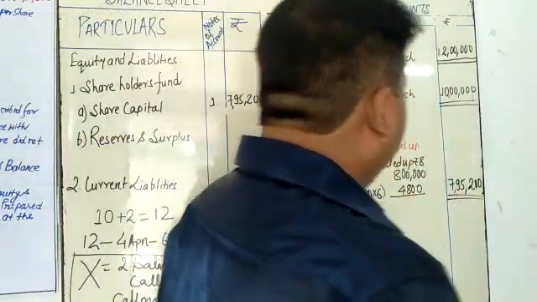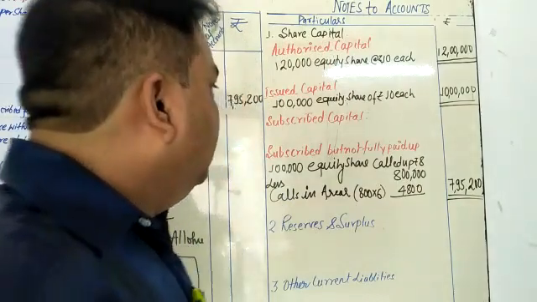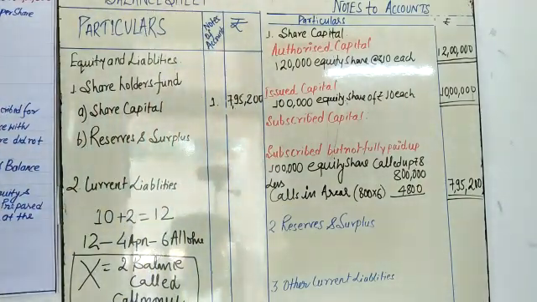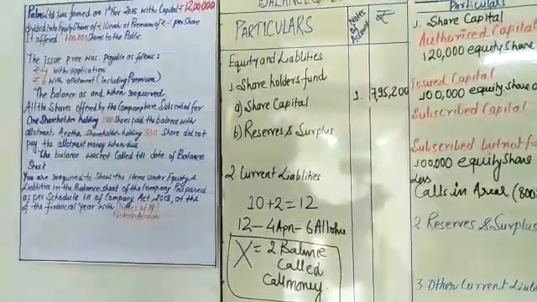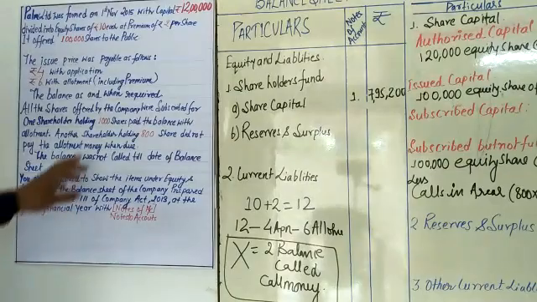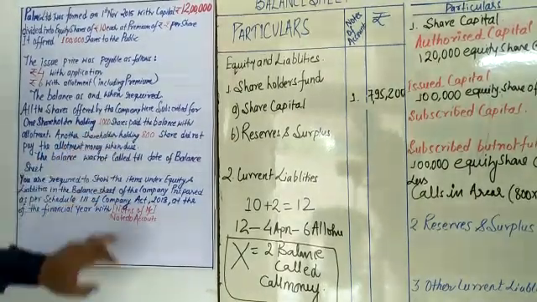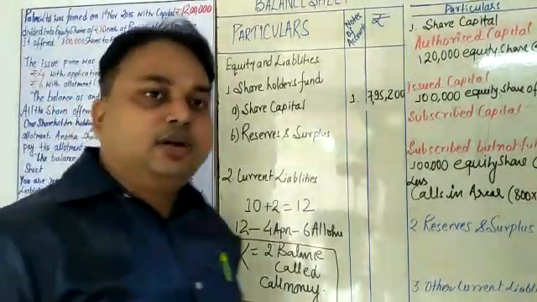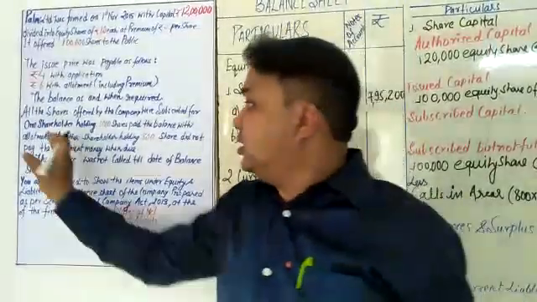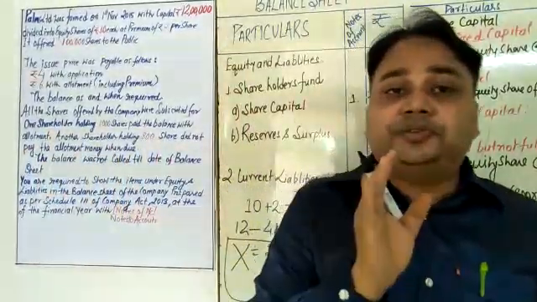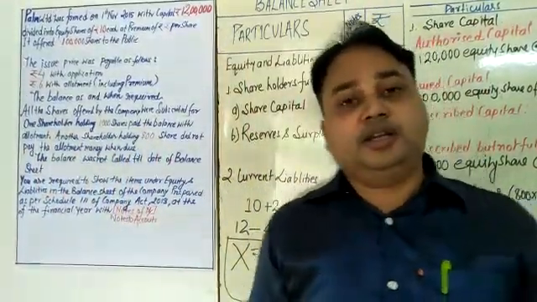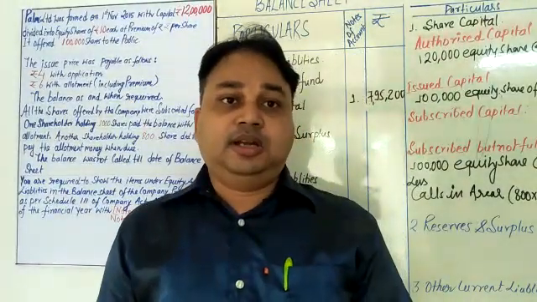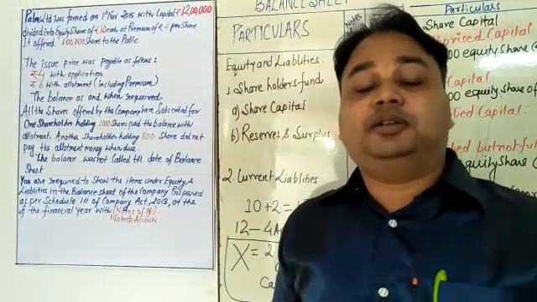7,95,200 only. So now in this question you observe that one shareholder holding 1,000 equity shares paid advance money to the company at the allotment.